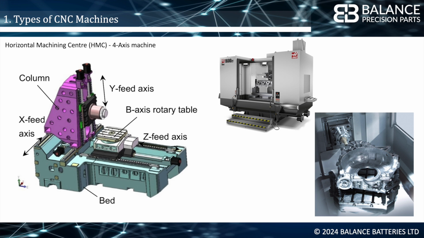The disadvantage, which can be seen from the part in the bottom right photo, is that it's not easy to machine the top and bottom surfaces, so more fixturing is needed. On the plus side, this machine does have 4 axes of movement, and that's often enough for some parts. It is possible to add a 5th axis, and we'll look at that after this short advert.